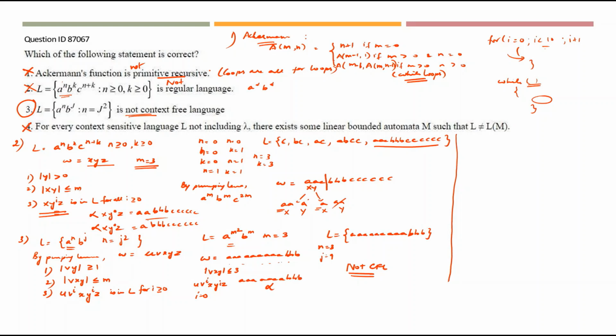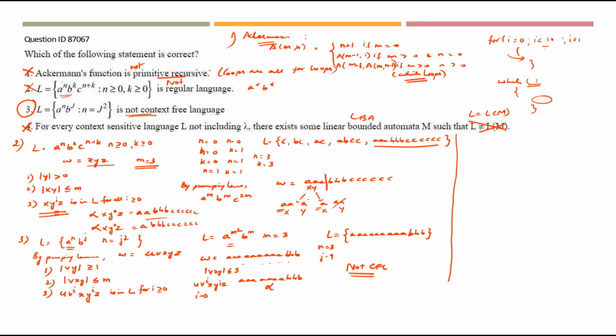For every context sensitive language L, not including lambda, there exists some linear bounded automata, that is LBA M, such that they have given L not equal to L of M, but actually L is equal to L of M. This will be the right statement.